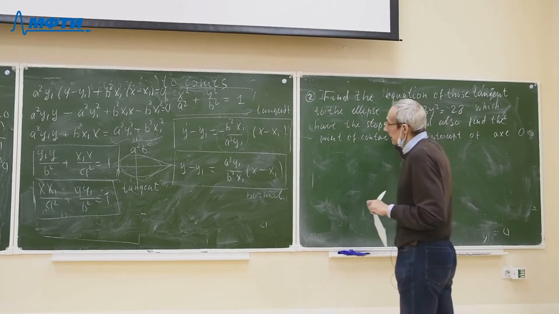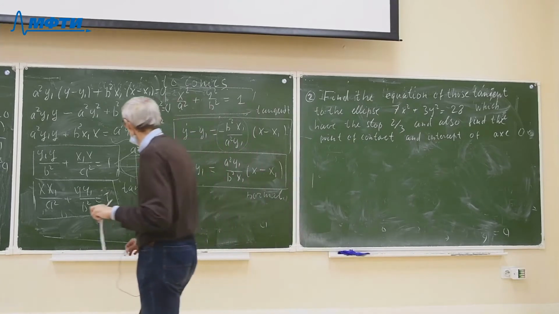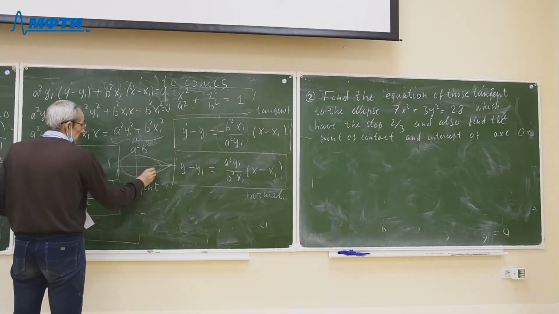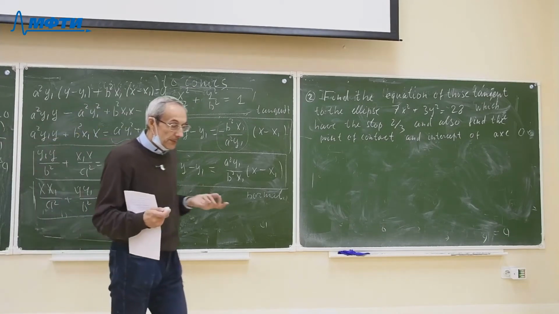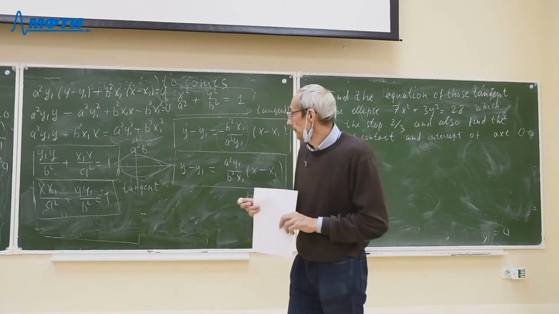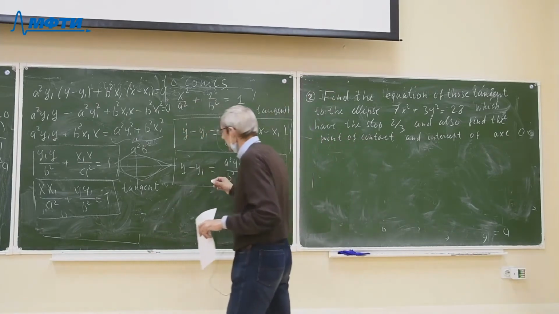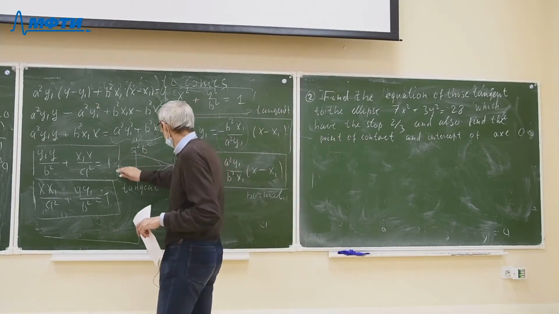Easy to see that if we fix the slope, we obtain 2 points in which such a tangent contacts the ellipse.